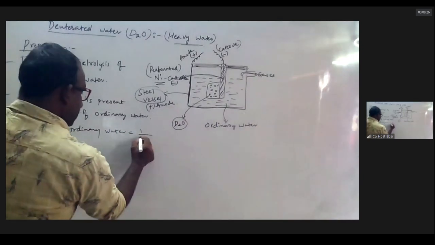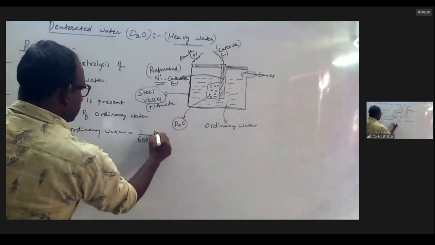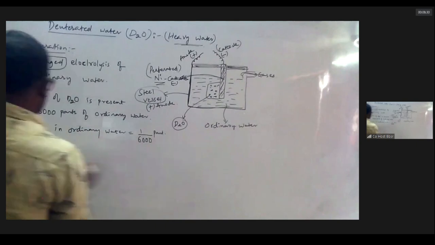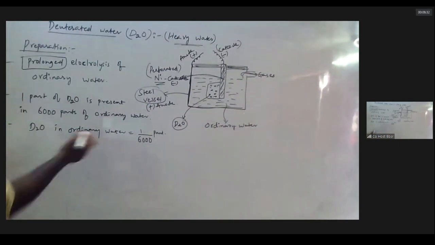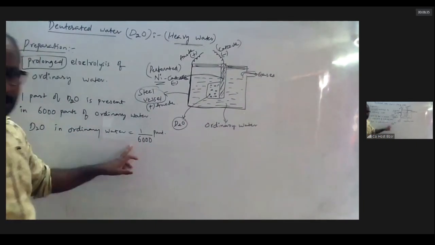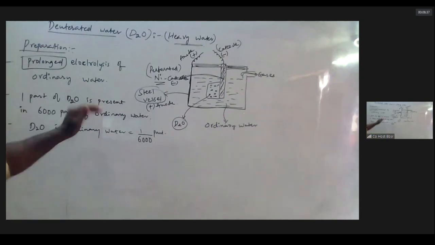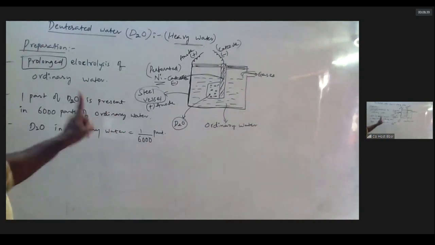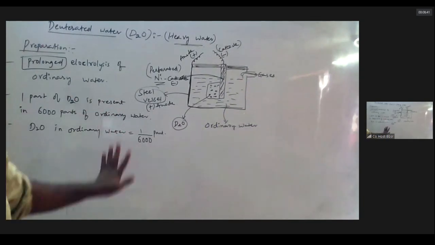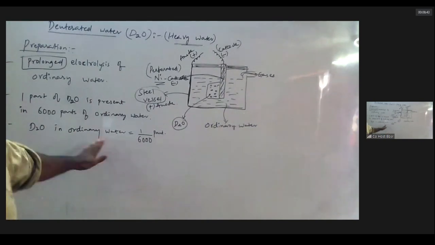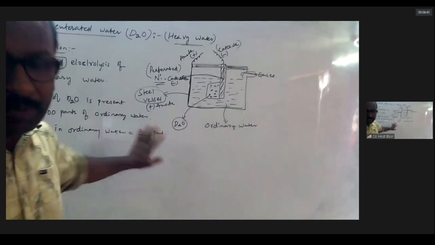D2O in ordinary water is 1 by 6,000 parts. Right or not? Means 6,000 part of ordinary water रहने से उसमें 1 part D2O रहता है. That is D2O in ordinary water is equal to 1 by 6,000 parts.